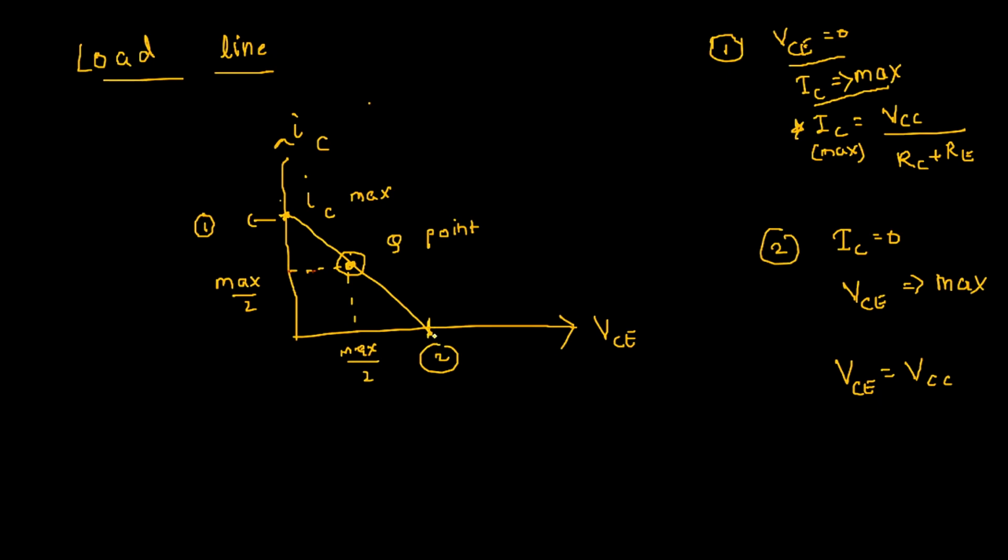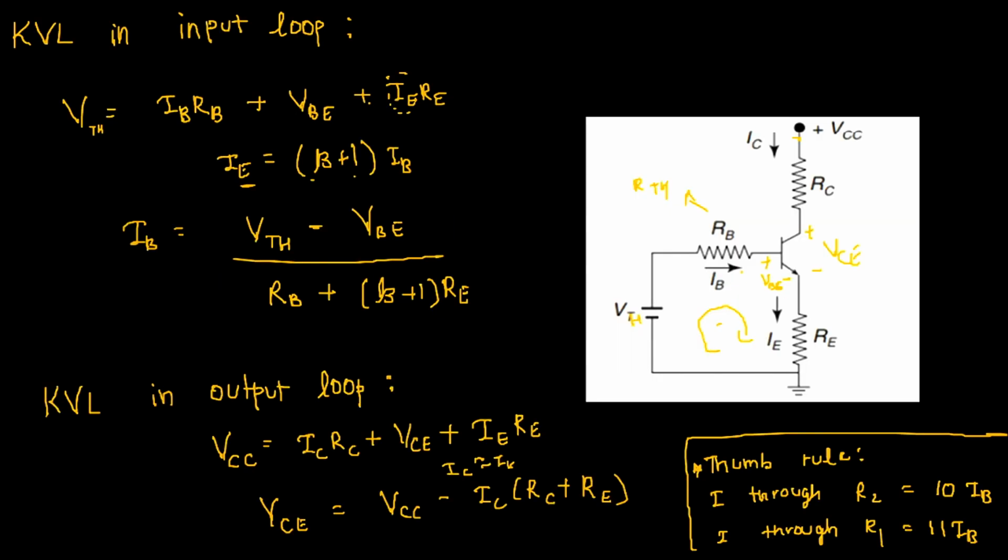And at your x-intercept, where the value of IC becomes 0, this is where the value of your VCE becomes maximum. So at this point, your VCE is directly equal to VCC. So basically what happens here is, since your VCE becomes equal to VCC, there is no potential difference across this particular terminal, due to which there is no current flow here.